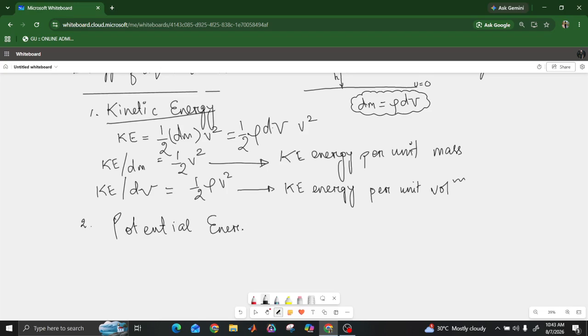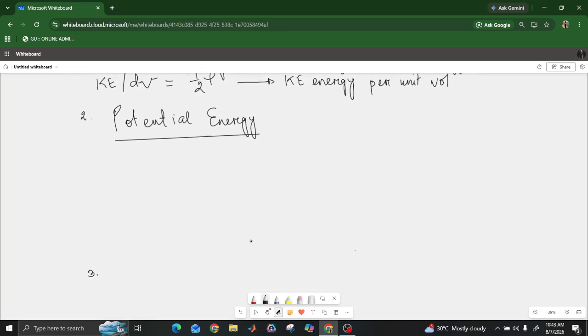Next, we'll look at potential energy. What is potential energy? We can write it as capital U. Capital U denotes potential energy. We can write it for the small element as dm g h. We already know potential energy is mgh. So for the small fluid element, we will consider it as dm g h.